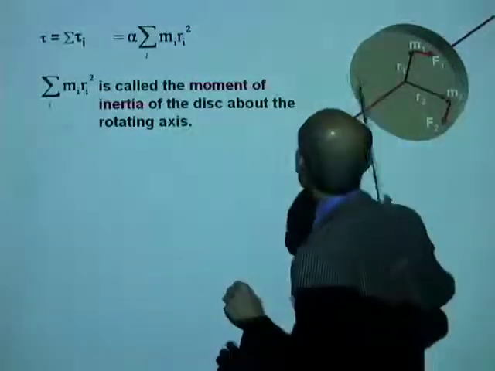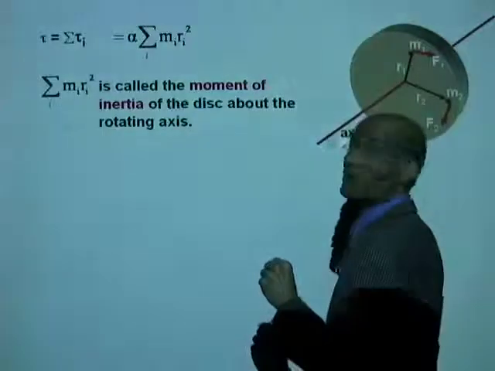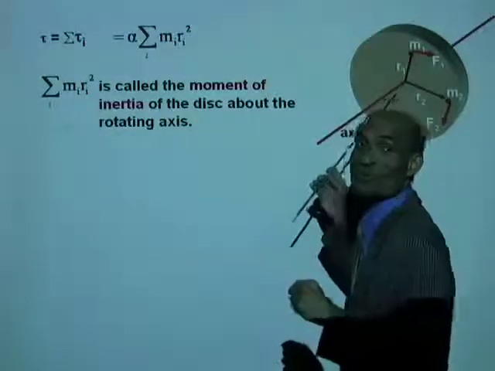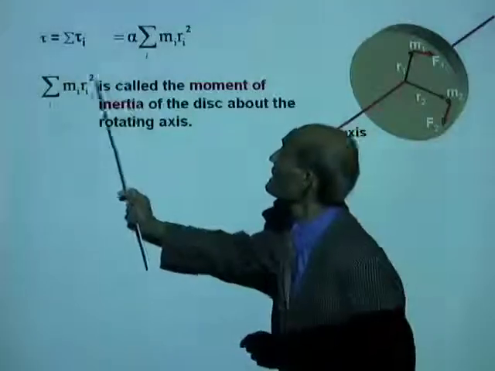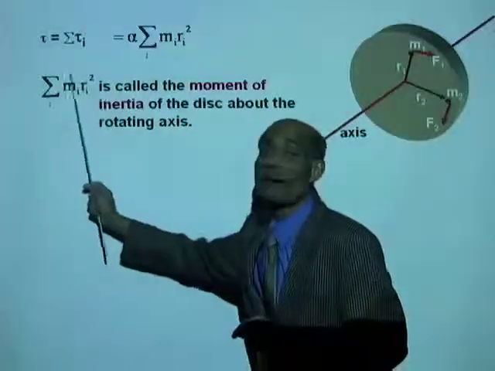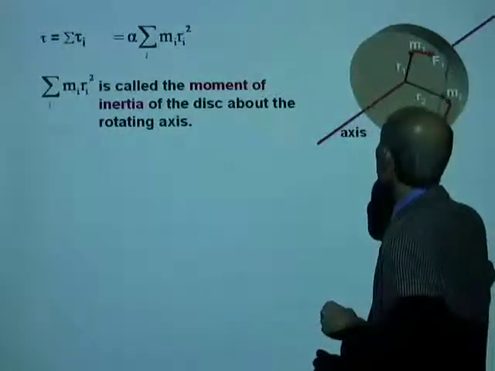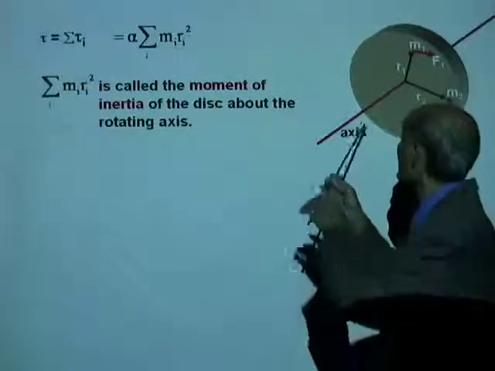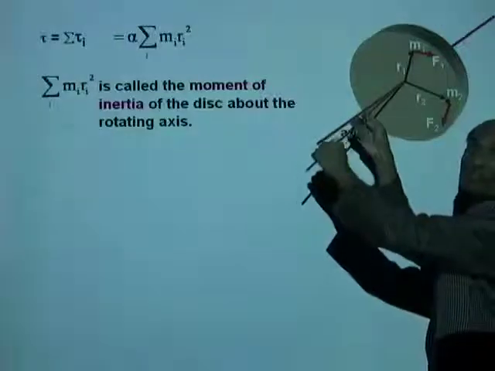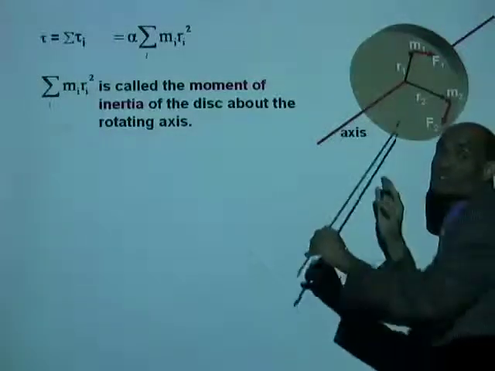You see, for this rotating disk, the expression summation i mi ri squared is about this axis, the axis of rotation.